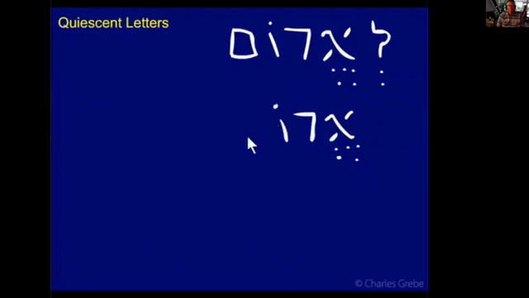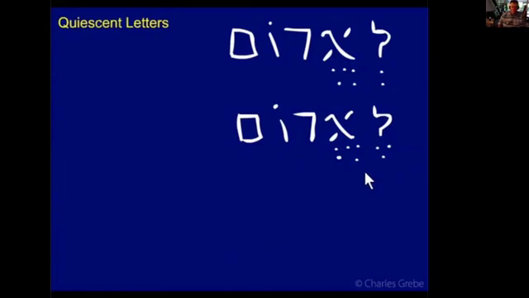Edom. So we need to apply the rule of Shva because we have two Shvas at the beginning of a word. So as before, this will become segol, but then it stops. Le Edom. That's how you say it. This does not quiesce. So aleph does not always quiesce. And the purpose of this module is not to try and explain the rules for when it quiesces, but rather to explain what's happening so that you can recognize it when you see it.